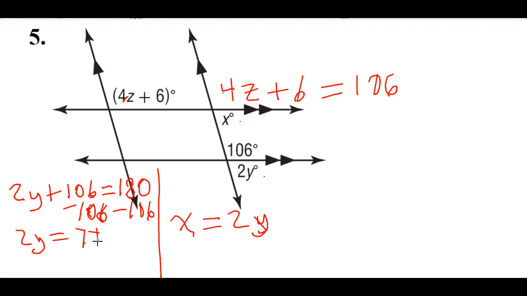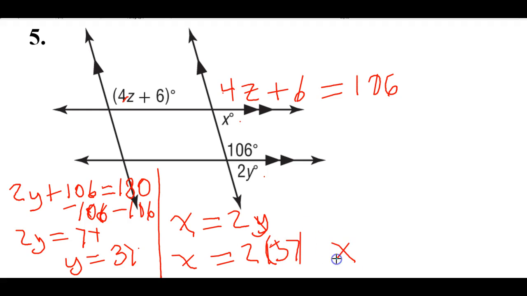So we should have got y equals 37. Okay. Now if y equals 37, then x just equals 2 times that. So x should equal 74.